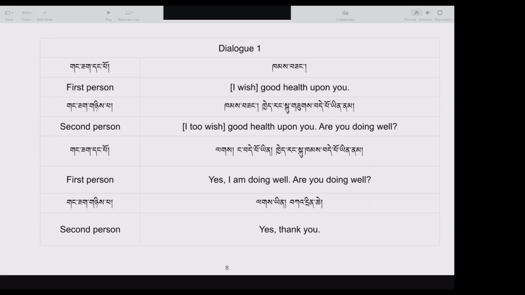And these dialogues are also written in a way that one can practice them. Like I said, the very function of the conversation class is to provide everyone with the necessary tools to manifest their own Tibetan conversation skills.